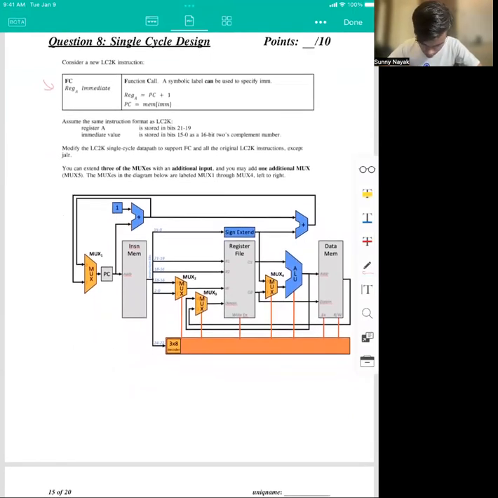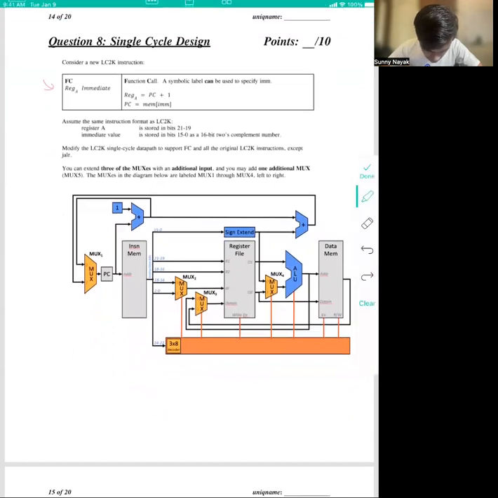The reason this is useful is it assigns register A to PC plus 1, and then the PC is going to be set to an immediate value.